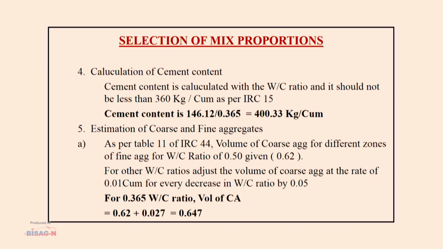So for other water cement ratios, as per the IRC, for every decrease of 0.05 in water cement ratio, 0.01 cubic meters of aggregates we have to decrease. With this 0.365 water cement ratio, the volume of coarse aggregates comes to 0.647 cubic meters.